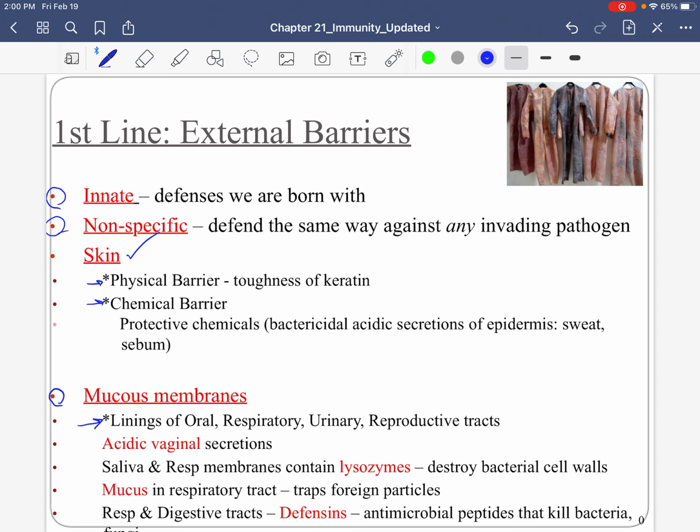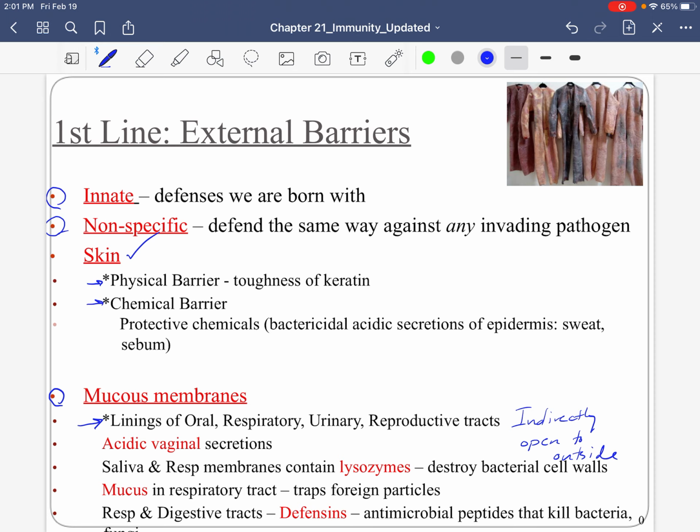So these are indirectly open to the outside world. It may not be as easy to understand as our skin, because our skin is always open to the exterior world, really. But these are indirectly open.